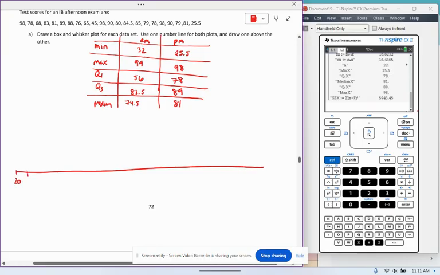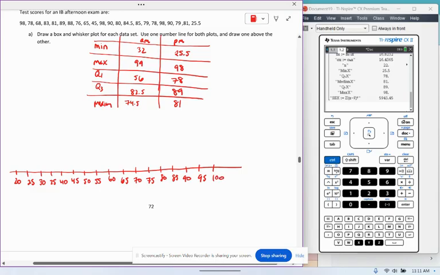I'm going to count by fives, so I'm not here for eternity. 65. Erase that. 90, 95, 100.